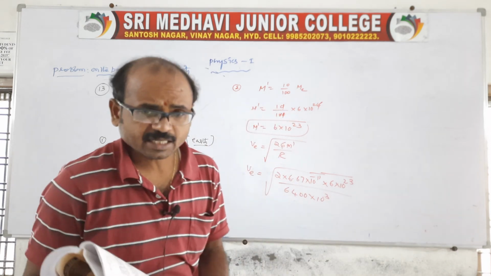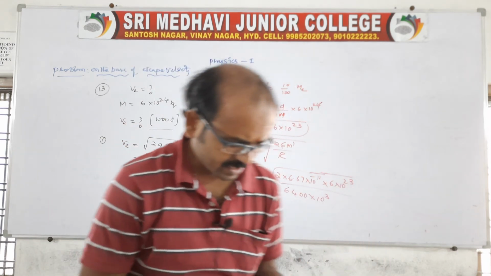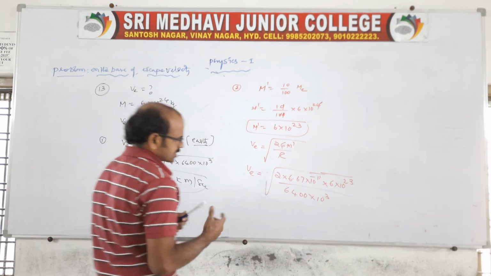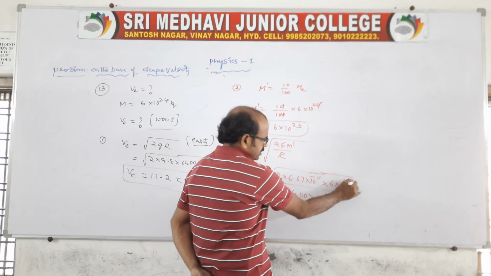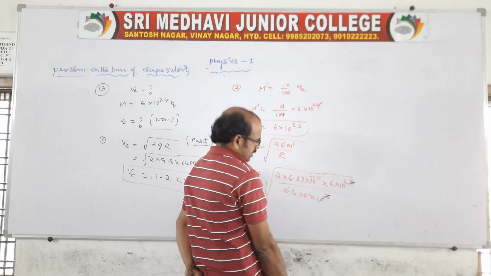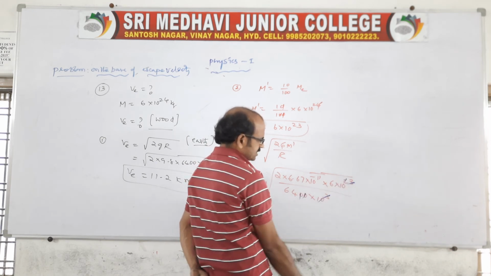Again the calculation is the same, so we can cancel similar terms. The 10^3 is cancelled, and 2 more zeros are cancelled.